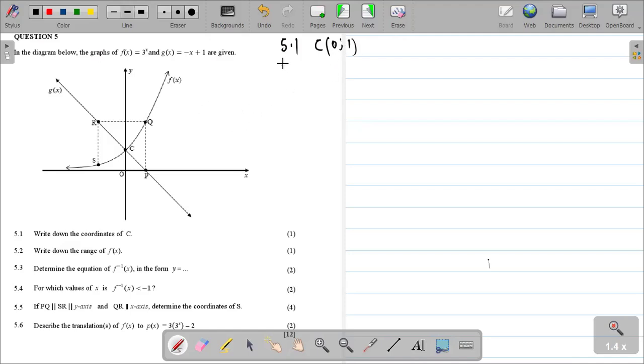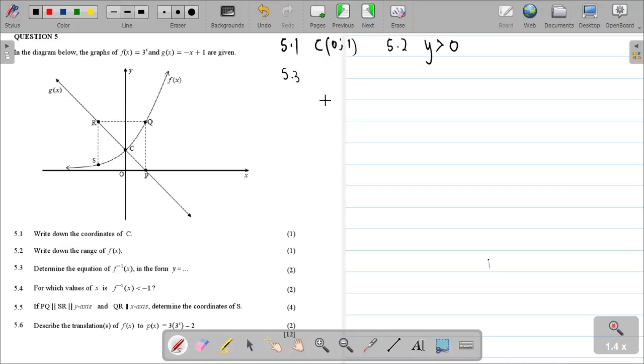Then 5.2, write down the range of f of x. So y is greater than 0. 5.3, determine the equation of f inverse of x in the form y equals.